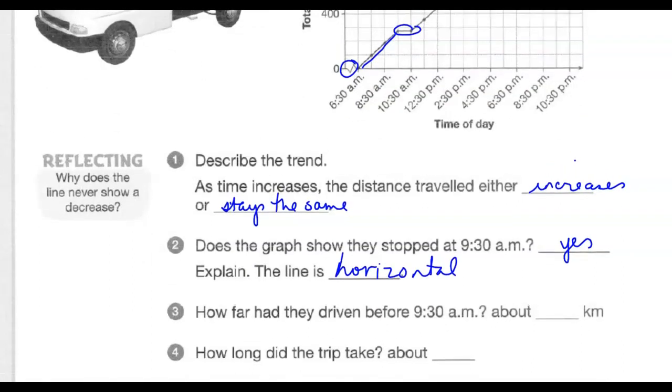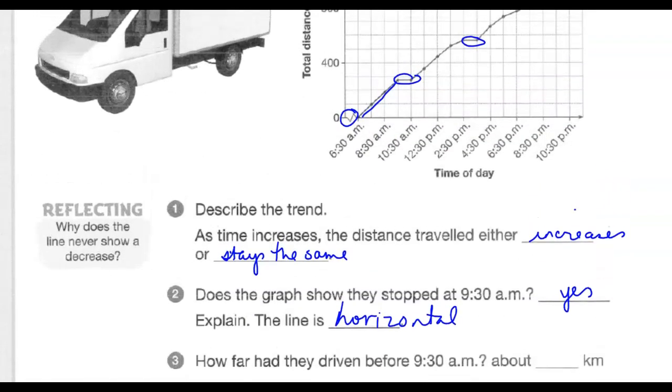How far had they driven before 9:30 a.m.? So if you take a look, let me just erase this so I can see it a little bit better. Each grid is 1, 2, 3 is 100. And so that would be close to 300.